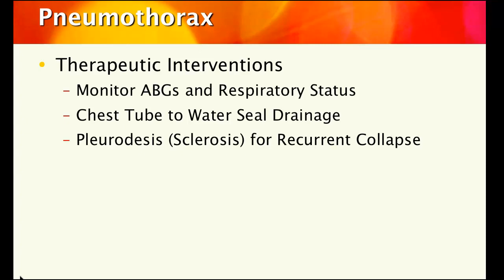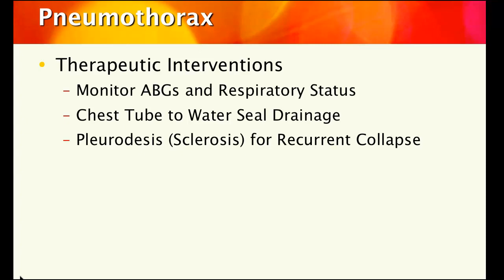Also keep in mind that when more than 30% of the lung has collapsed, re-expansion of the lung is going to be performed by placing a thoracotomy tube in the second or third intercostal space at the mid-clavicular line. This procedure is done to allow air to rise to the top of the interpleural space, and the tube is going to be connected to an underwater seal with suction at low pressures, and that's that chest tube that we have talked about.